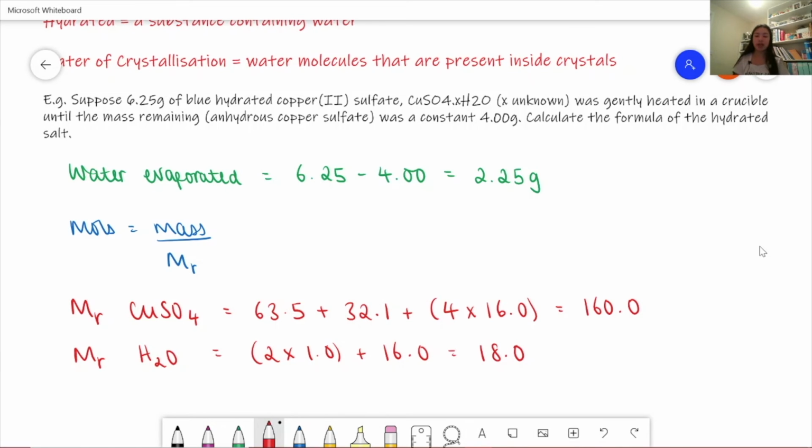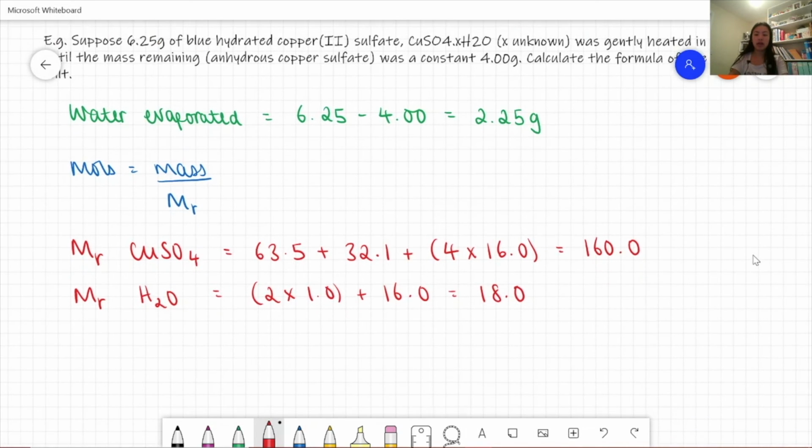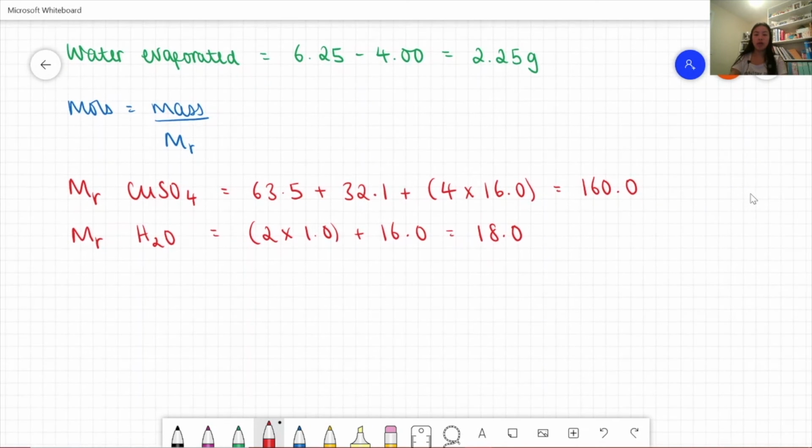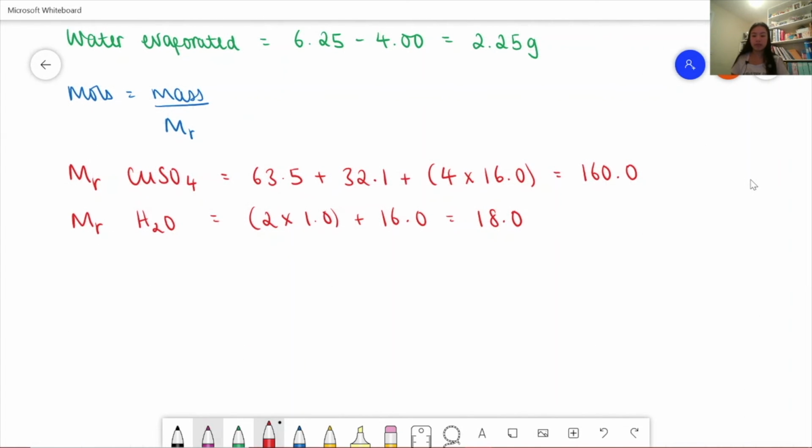And now we can have a look at how many moles of each we have in this compound. And so we look at the ratio of this copper sulfate to this water. So we have copper sulfate to water. And so to find the moles of copper sulfate, we divide the mass by the MR. So we have the mass is 4 grams, that was given in the question, and then we divide this by the 160.